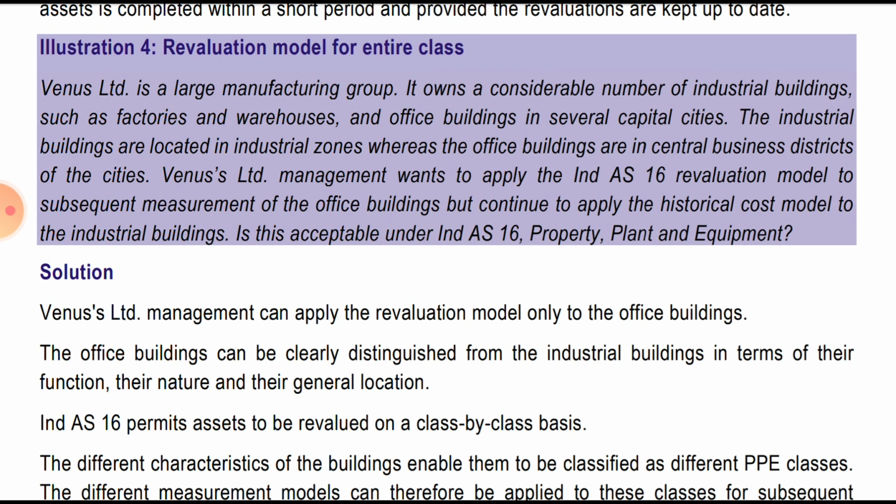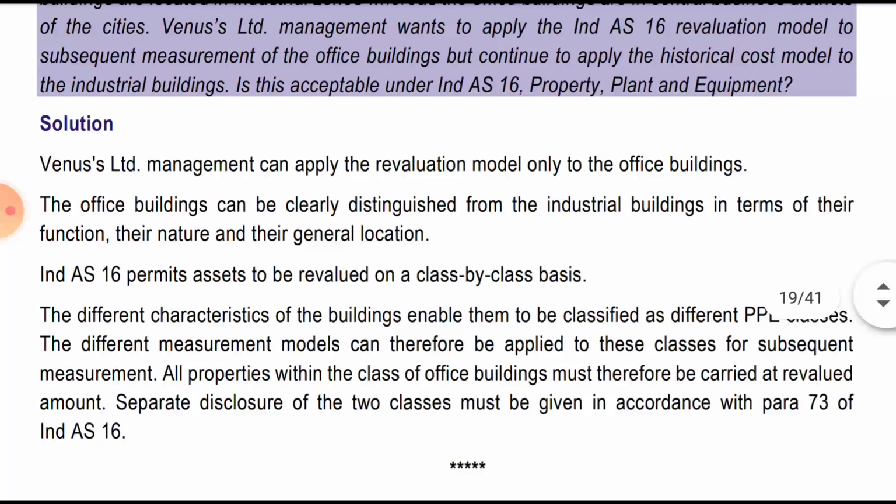One is used for office admin purposes, and the second is industrial building. Since these are two different classes of assets, different methods can be applied. But if a method is changed for a particular asset, it has to be changed for the entire class of assets. But since these two are different classes of assets, it is okay.